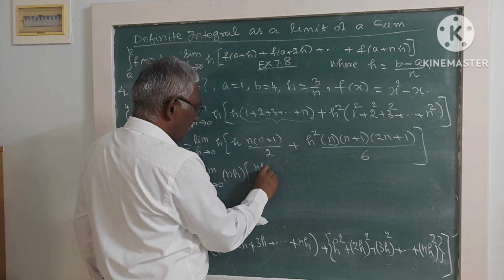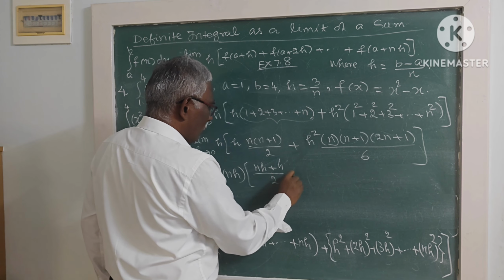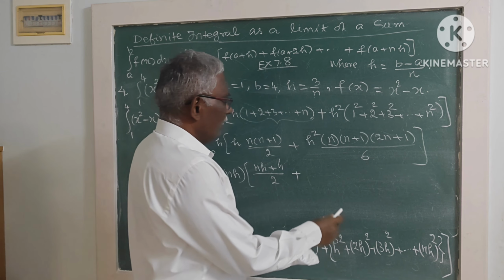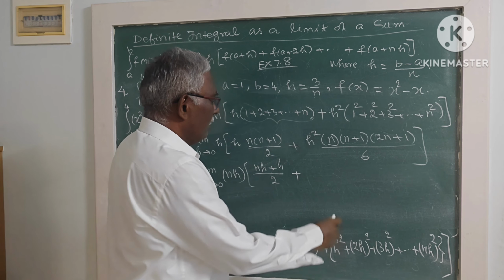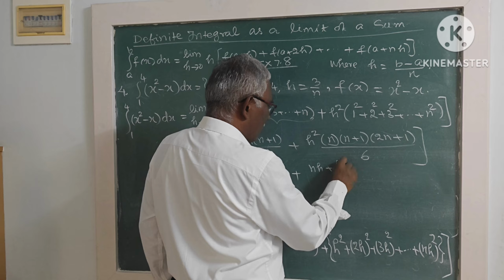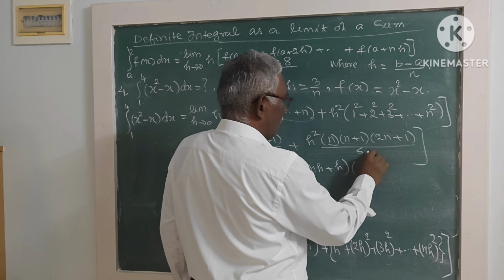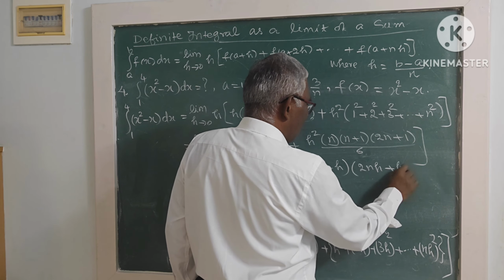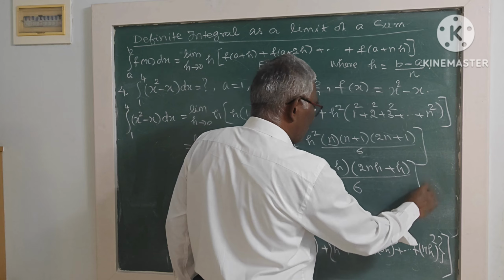So, nh plus h by 2. Here this n we already taken outside. We'll multiply this by 1h and this by another h. So it will be nh plus h. This will be 2nh plus h by 6.